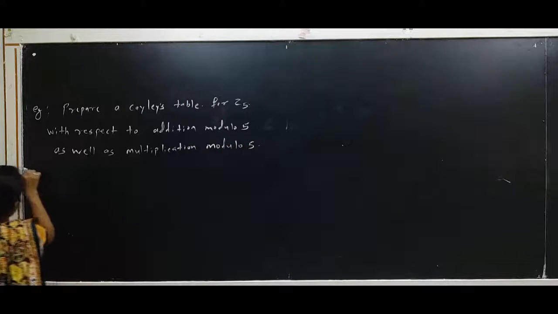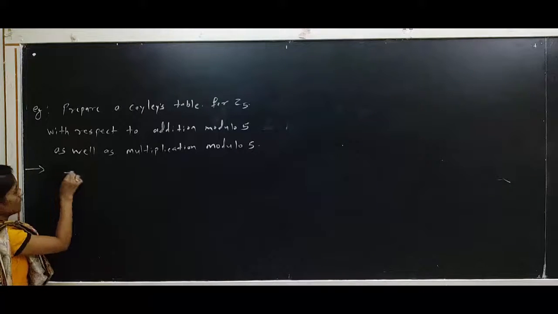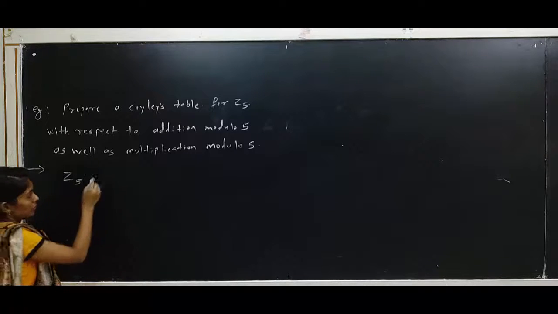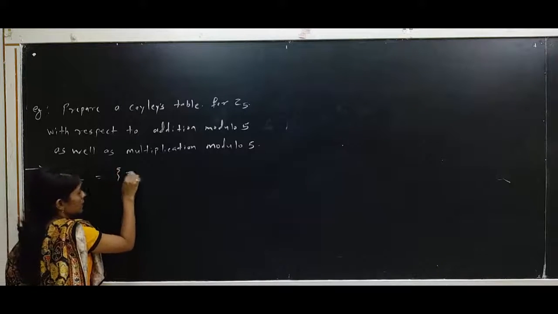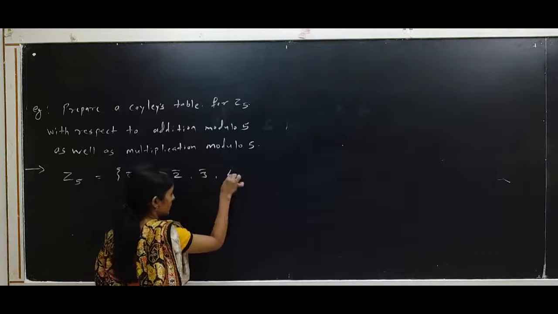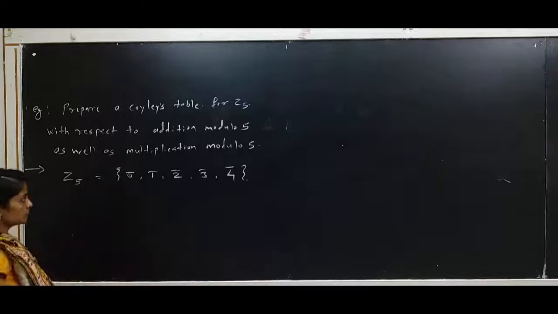Okay. So, first of all, we want to write down the set Z5, that is the residue class modulo 5. So, 0 bar, 1 bar, 2 bar, 3 bar and 4 bar. These are the distinct equivalence classes.